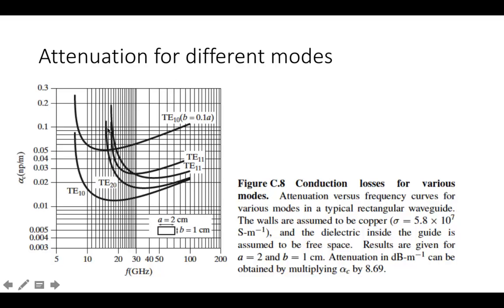So anyway, this is a useful chart to look at, and of course this chart would change if the waveguide shape changed, if you plotted different modes, and if you had a different dielectric.